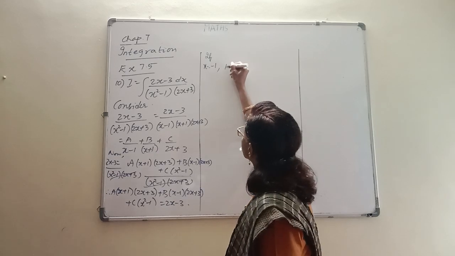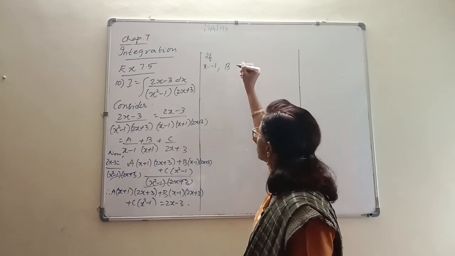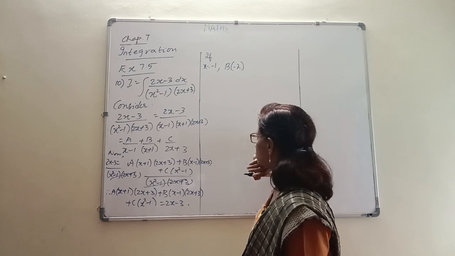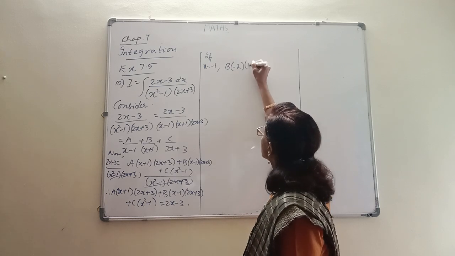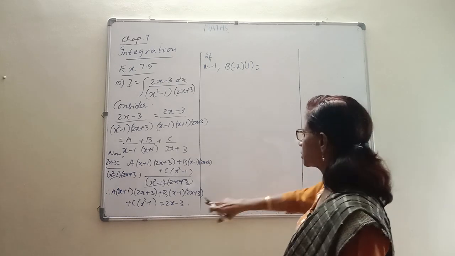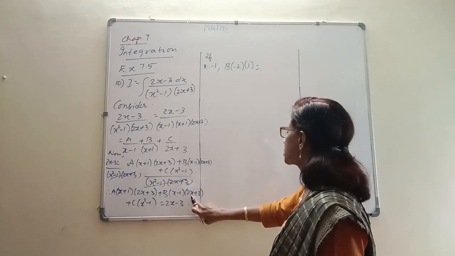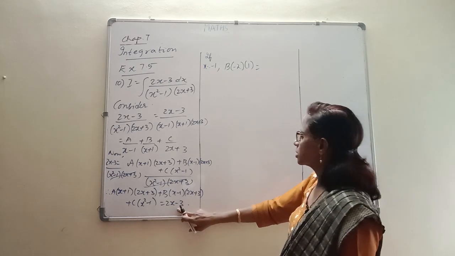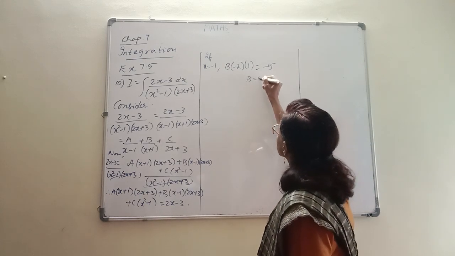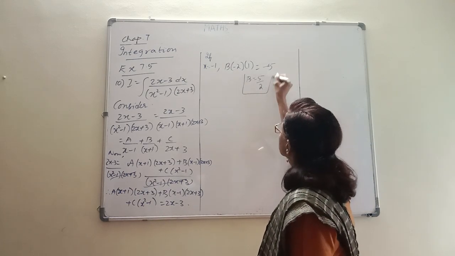The B term will be the surviving term. So that will become B times negative 2 minus 1, so minus 2 plus 3, that's 1. And on the other side, it is 2x minus 3, so minus 2 minus 3, negative 5. So B becomes 5 over 2. So that will be the B value.